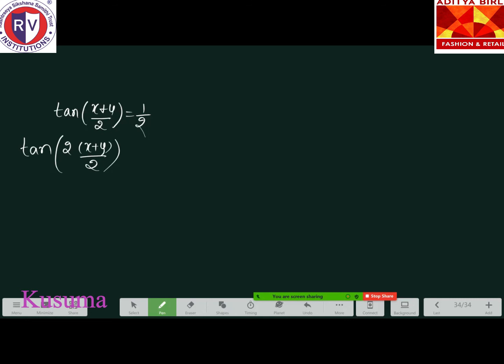If we do this, we will get tan of x plus y, right? So this is of the form tan 2a. So what is tan 2a? 2 tan a divided by 1 minus tan square a, right? This is the formula for tan 2a.